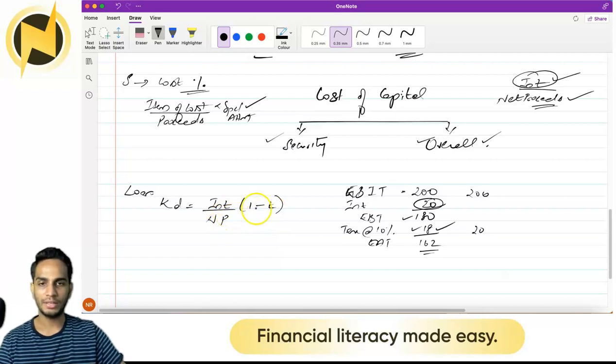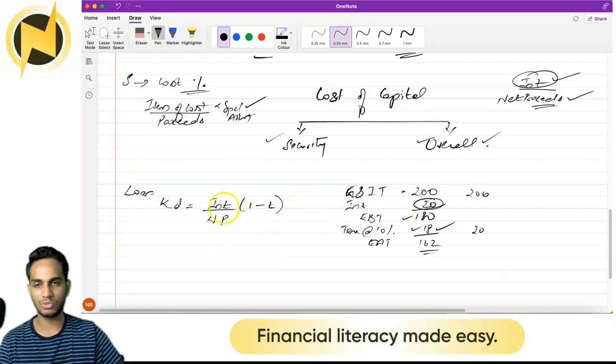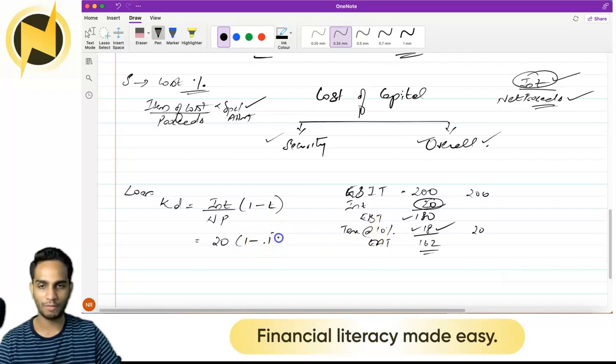So I'm taking this exact same case. Say the debenture was for 200 rupees. My cost will be the interest component 20 into 1 minus T, so 1 minus 10%, that is 1 minus 0.1, divided by proceeds 200.